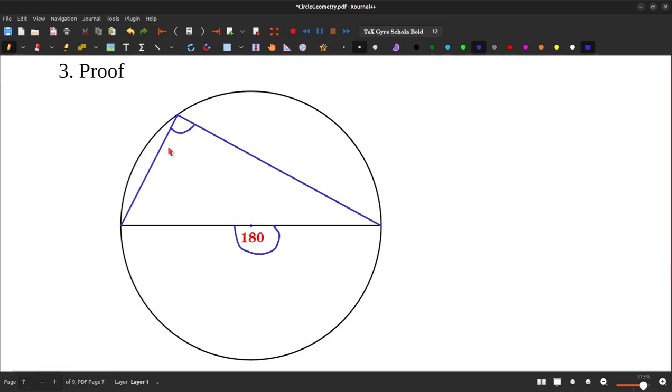Let's call it X. So how do we find that angle? The theorem says angle at center is equal to 2 multiplied by angle at circumference.